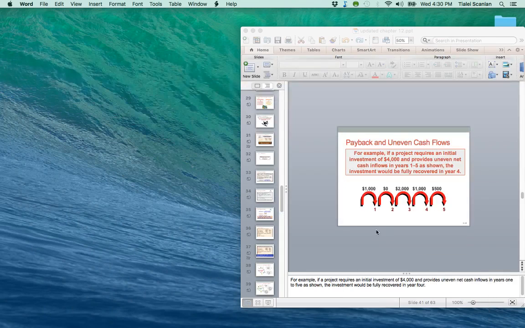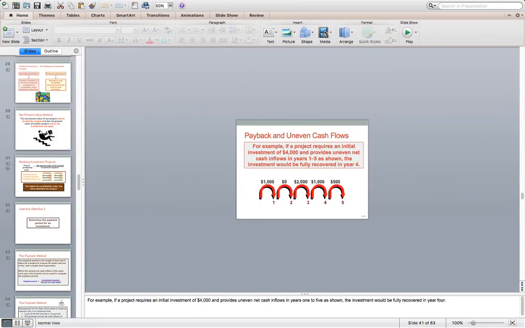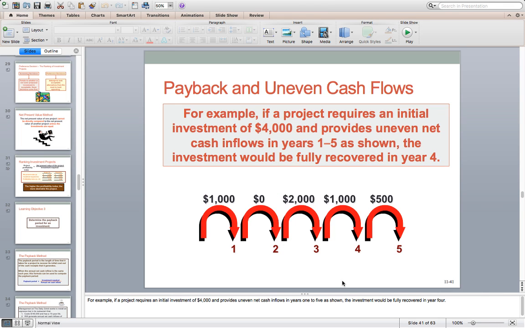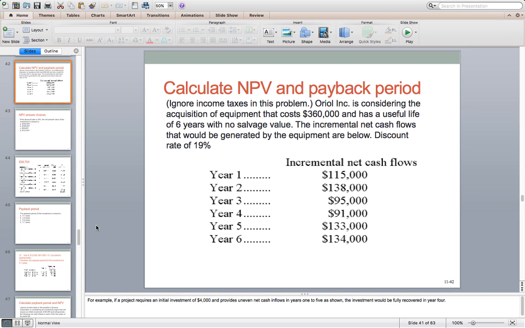So if you look in the Chapter 12 PowerPoint, this gives you a feel of an uneven cash flow. So this is very similar to what you'll see on the exam. So they use this $360,000 in investment and for 6 years.